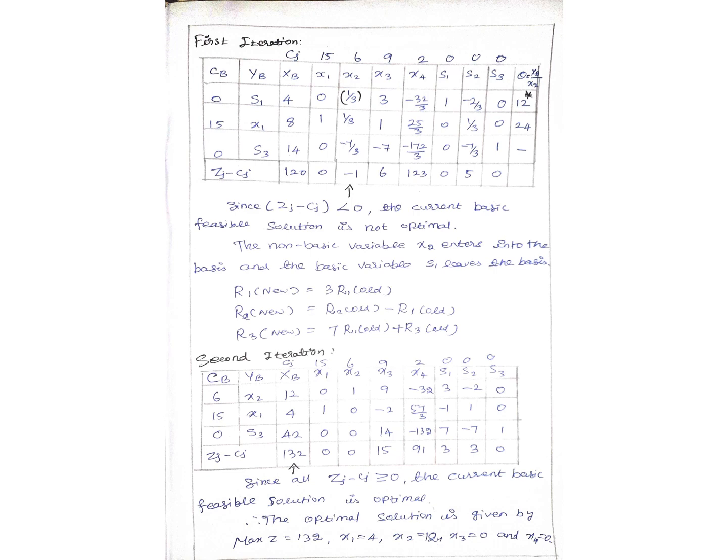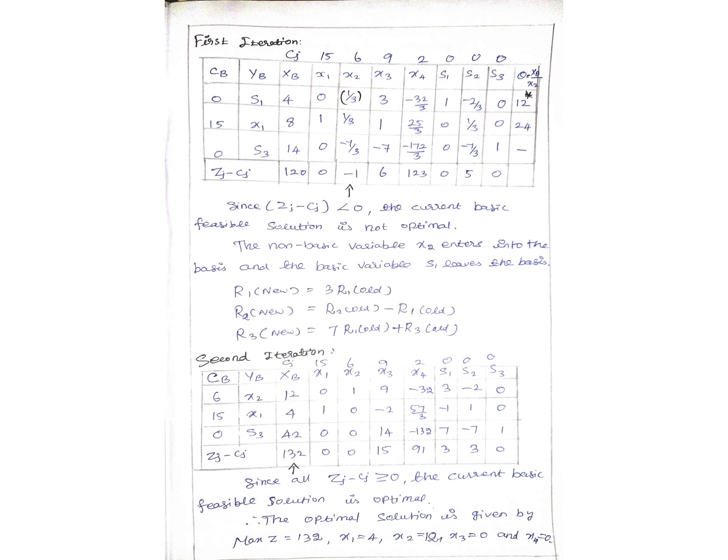Here we have to find the Zj minus Cj values, that is 0 into 4 plus 15 into 8 plus 0 into 14 minus 0, which is equal to 120, so we put 120 here. Next one: 0 into 0 plus 15 into 1 plus 0 into 0 minus 15, which is equal to 0. And next one: 0 into 1 by 3 plus 15 into 1 by 3 plus 0 into 7 by 3 minus 6, we get minus 1.